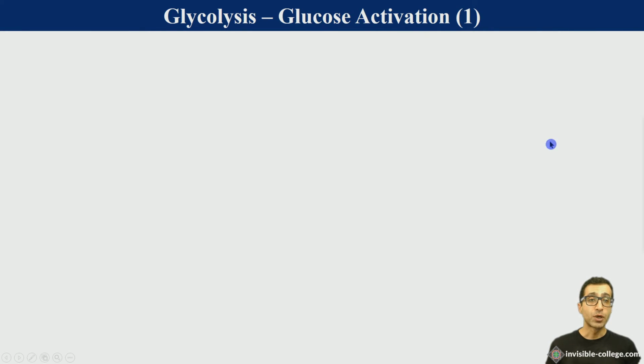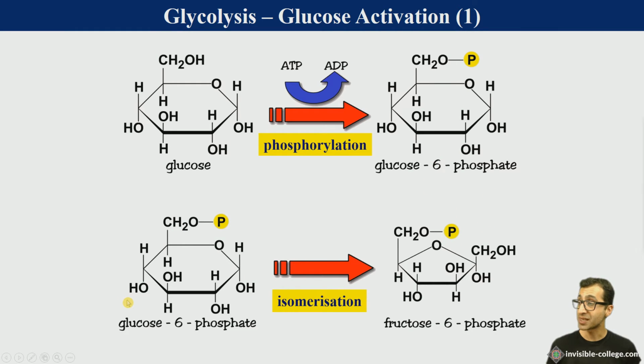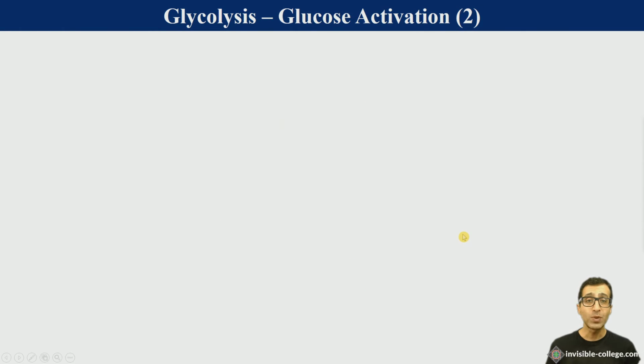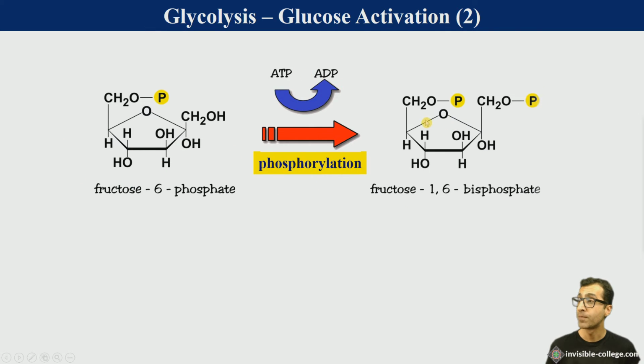So we've gone from glucose to glucose 6-phosphate by the use of 1 ATP molecule, and we also go from glucose 6-phosphate by an isomerization to fructose 6-phosphate. And then we go on to further phosphorylate the fructose 6-phosphate using another ATP molecule to fructose 1,6-phosphate.